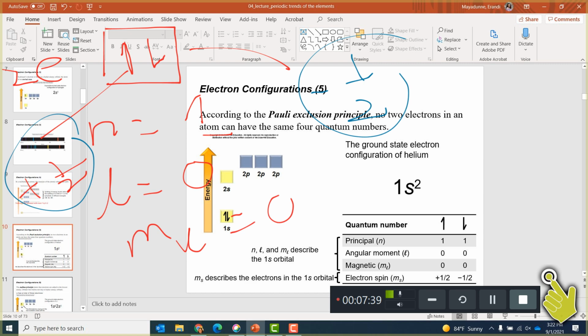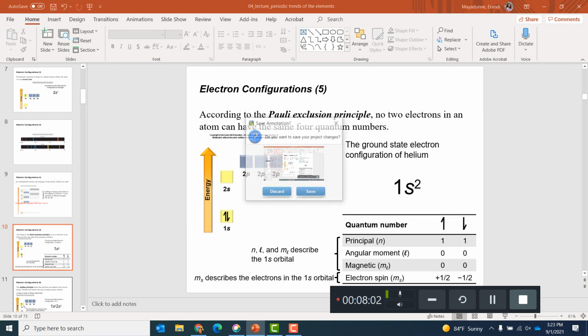So because of the Pauli's exclusion principle, each electron in the helium atom has a different set of quantum numbers. The principal quantum number, angular momentum, and magnetic quantum number are the same, but the spin is different. So that is the Pauli's exclusion principle. In the exam, I may ask, what is Pauli's exclusion principle?